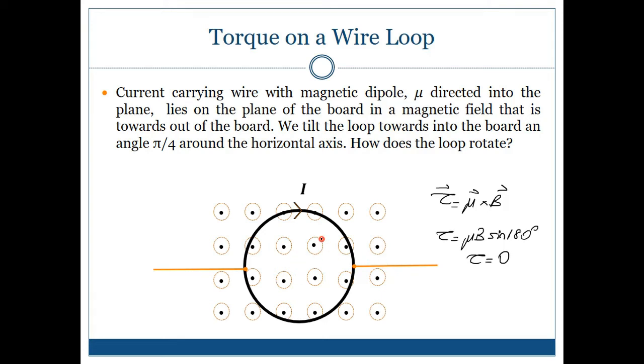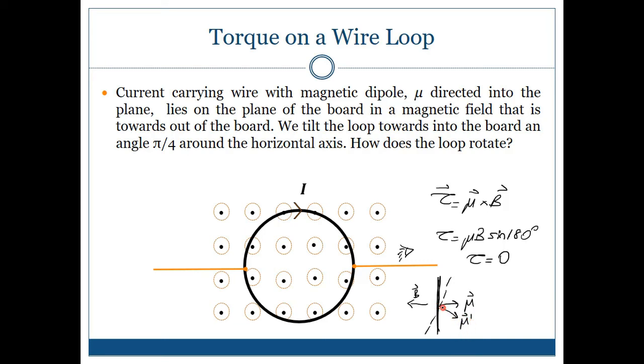Let's look at it from the side. Here is a loop. We have a B going that way, out of the page. We have a mu pointing into the page, and we're tilting it. We're tilting mu this way. Let's call it mu prime.